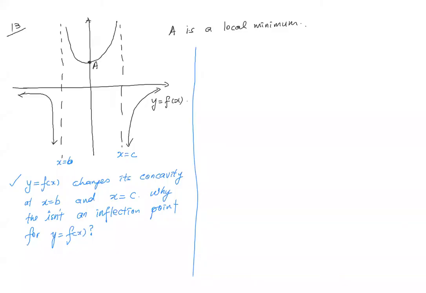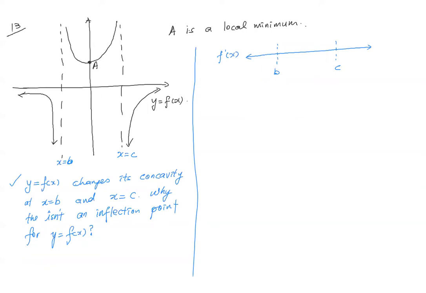I told you already, usually my habit is I will draw the sign diagram for f prime x. I purposely put x equal to a, x equal to b and x equal to c. So I have to put the dotted line here. Why do I have to put the dotted line?